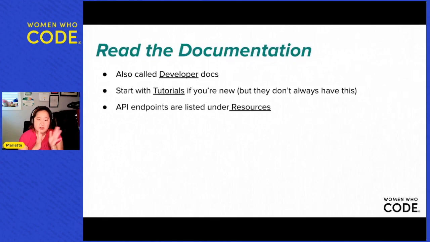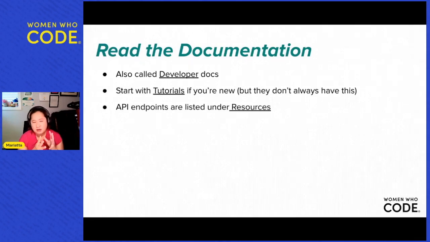So usually, documentation about APIs, you will find under developer docs. So look for this kind of terminology. Developer docs, that's your starting point for API documentation for building apps. The next is, if you're new to this whole thing, definitely look for tutorials on how to use the APIs.